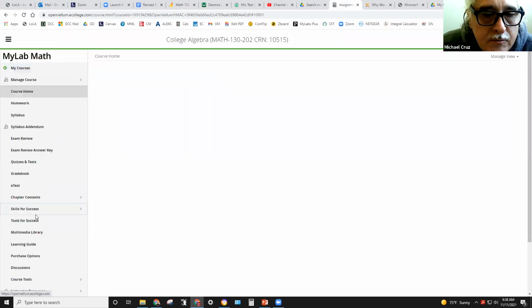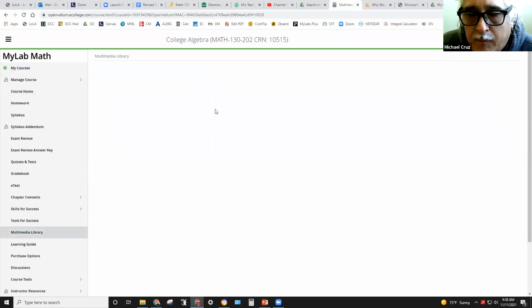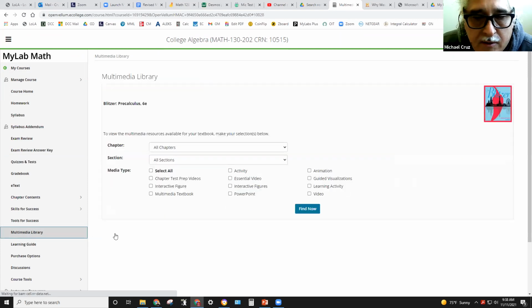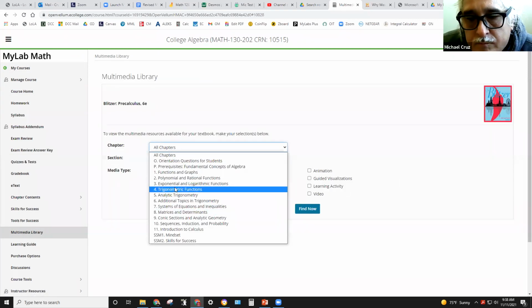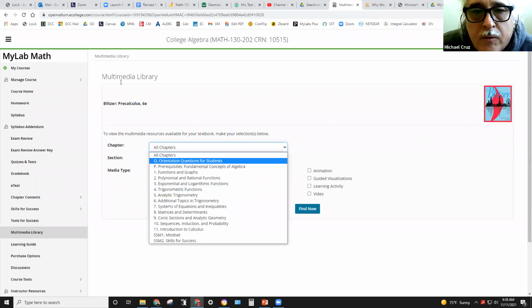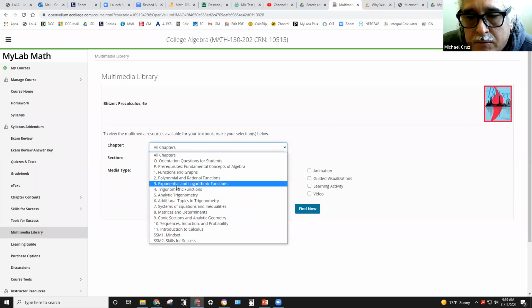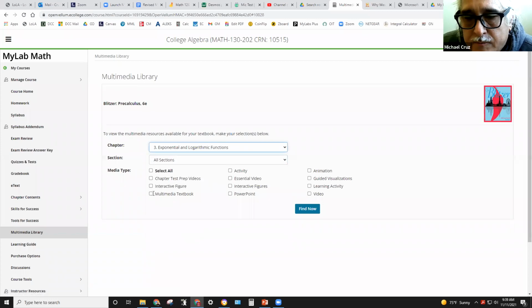Let's notice something. See if I can bring up that book in case I need the instructions. Oh, this is actually the same thing.